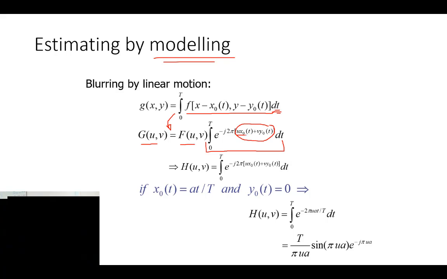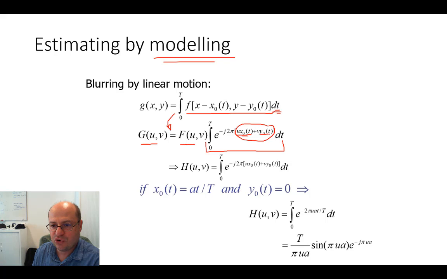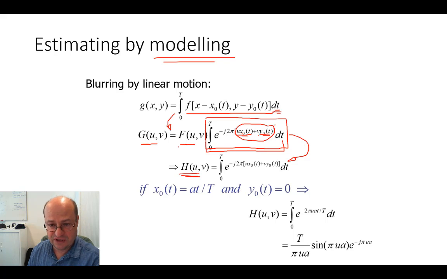I have a portion of the motion in t, and let's assume it's a bidimensional motion in x and y. This motion is your degradation model, right? So this portion here is the degradation operator that, in the Fourier space, in the frequency domain, is just a multiplying factor on your original image.